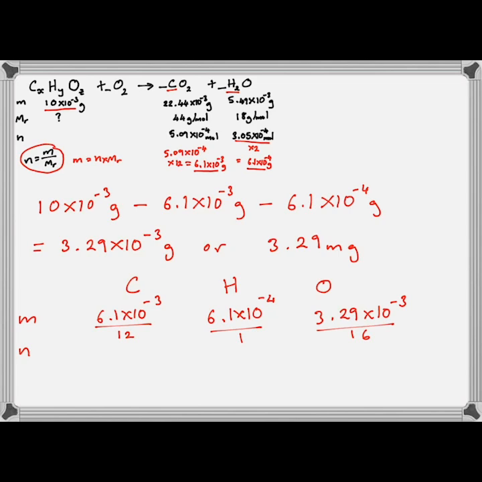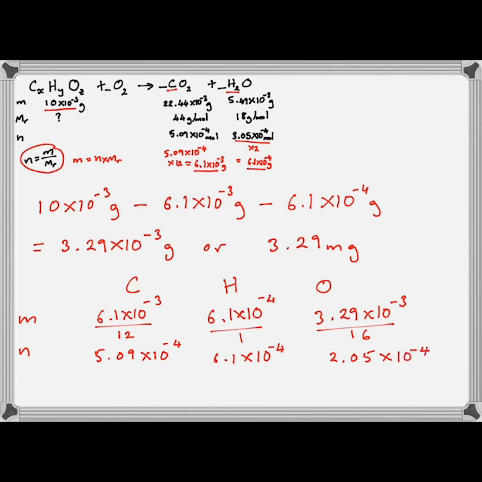The ratio we get is 5.09 times 10 to the minus 4 there. It would be exactly the same as that one, because all we've done now is divide it by 12. For this one, it would be 6.1 times 10 to the minus 4. And for the oxygen, we have to divide it by 16, so it gives us 2.05 times 10 to the minus 4.